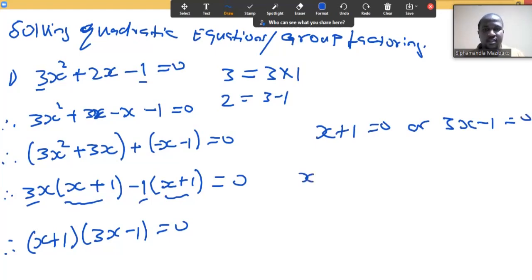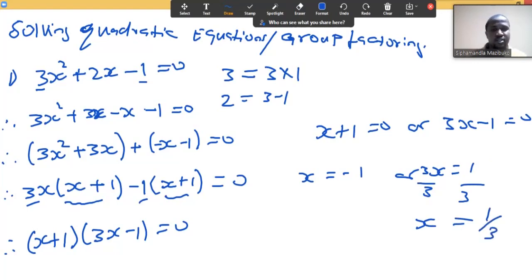This gives us x is equal to minus 1, or else 3x equals 1, and dividing by 3, x is equal to 1 over 3. Okay, so let's look at our next example.